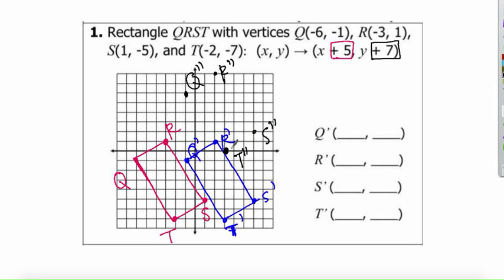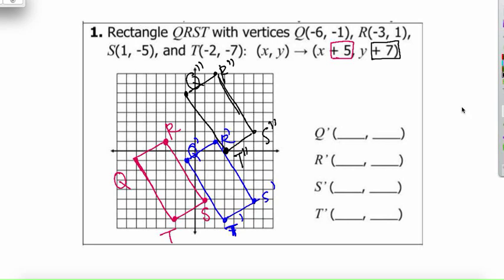Once I have done both translations, this is the final figure. When we write our final ordered pairs, I had 1 prime and 2 primes because I did each action separately to show you what was happening. But really, we're just writing the ordered pairs for the final transformed figure after both are done.